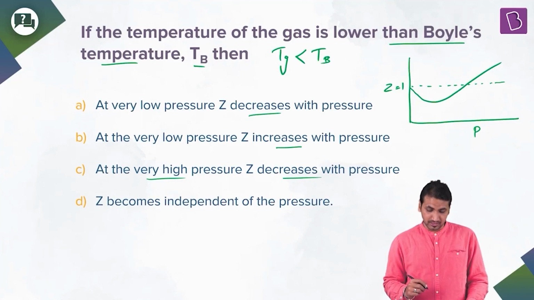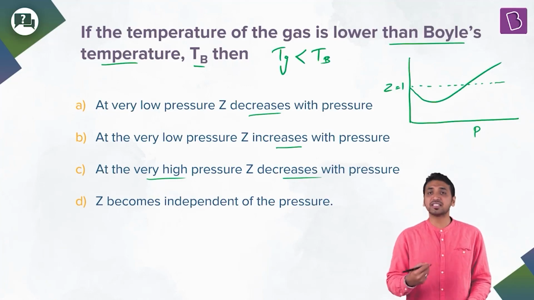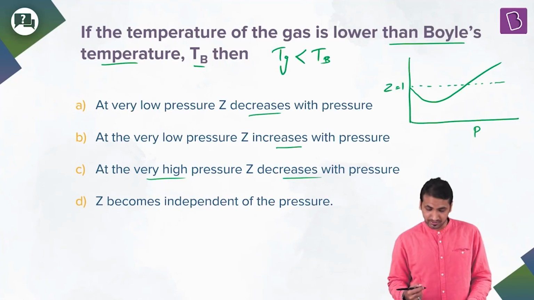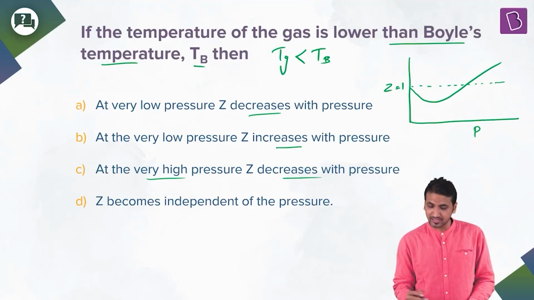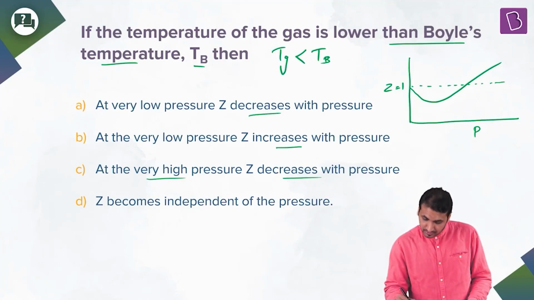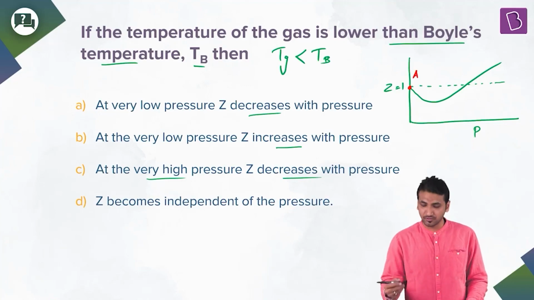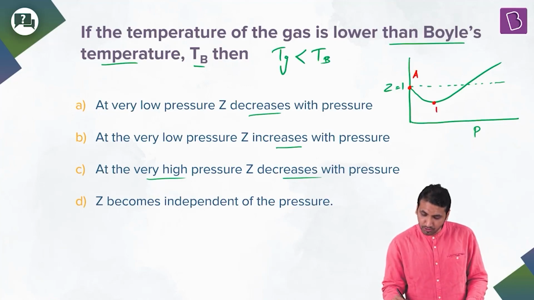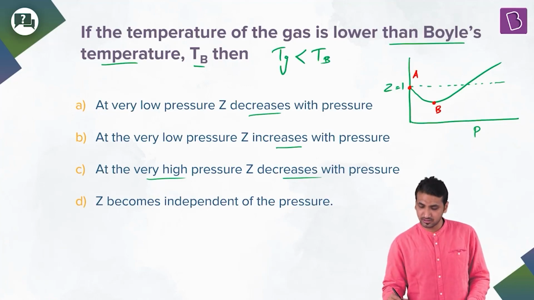Now let's read the options and try to analyze what is happening with Z as we change the pressure. So at very low pressure, let's mark these points, low, high. This is point A, where the pressure is very low. This is the point where the pressure is moderate.